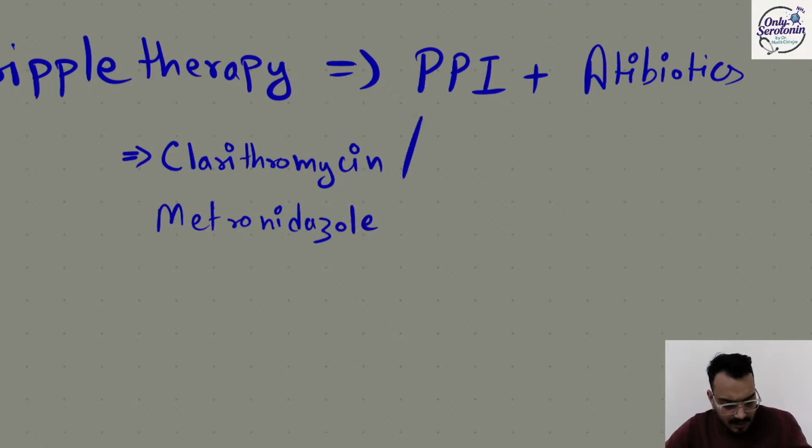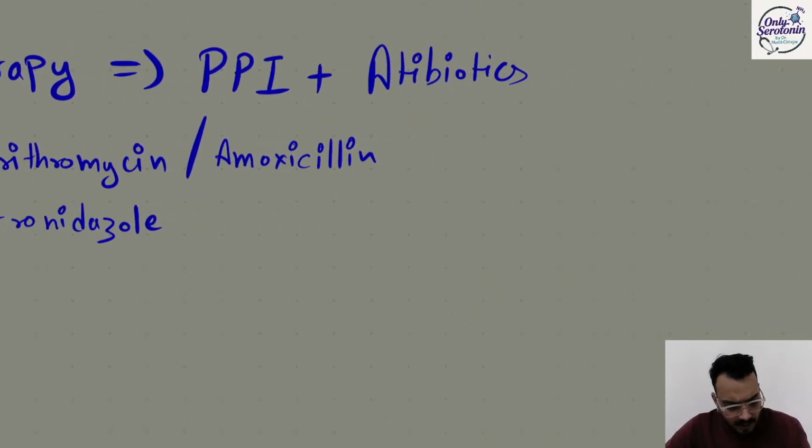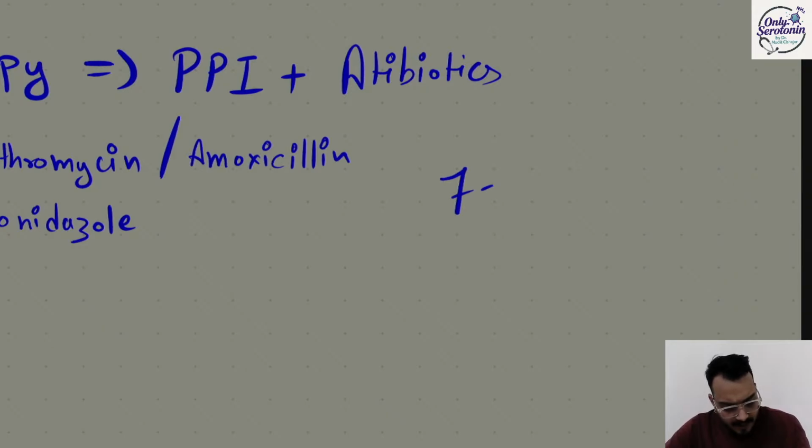With clarithromycin, you have one option, that is amoxicillin. So one of these, either clarithromycin or amoxicillin plus metronidazole, you are going to give, around 7 to 14 days.